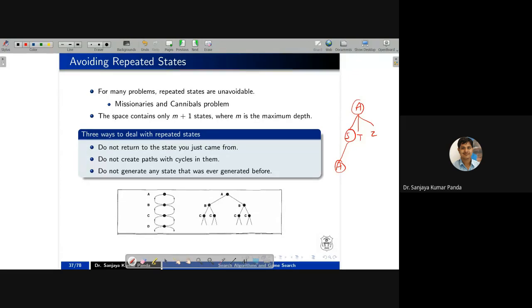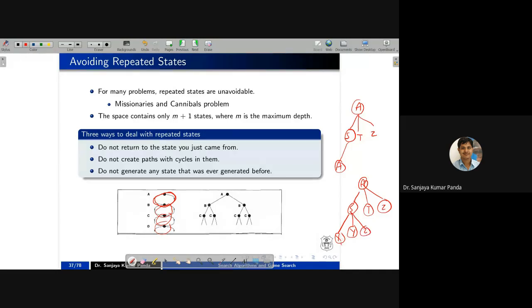Or you can say, do not create a path with a cycle in it. Suppose there is a path, but there is a cycle. Such types of things need to be avoided. Or do not generate any state that was ever generated before. Not only this type of problem happens here. When you expand A, you will get S, T, Z. Suppose when you expand S, then you will get X, Y, Z. Okay.